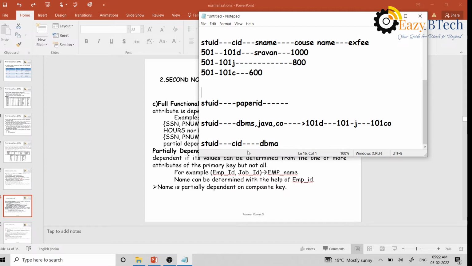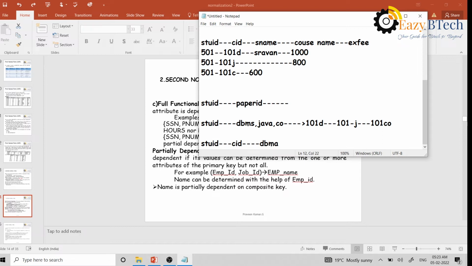Next, partial dependency. Partial dependency is nothing but any non-key attribute. Suppose I wanted to identify the fee of a particular Java course. We cannot identify it using 501 alone. Why? Because student number 501 registered for how many subjects?